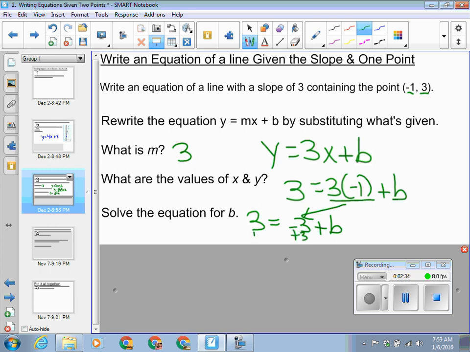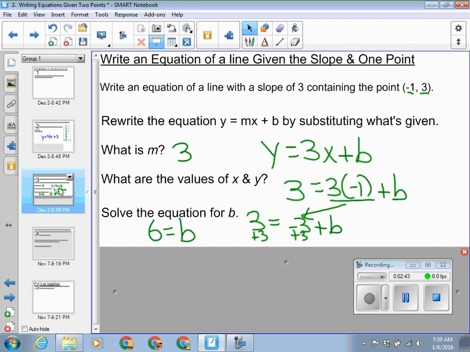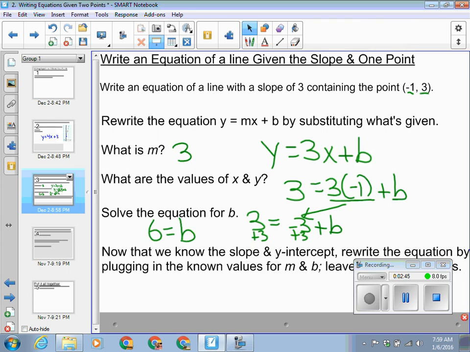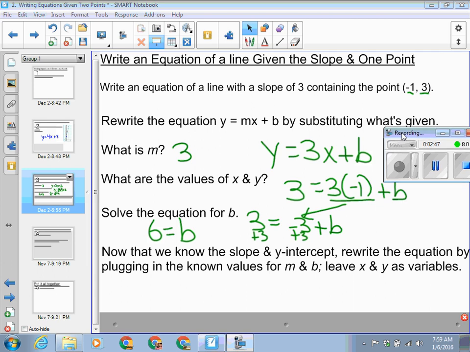One step equation, add 3 to both sides. So we know that this will become 6. So 6 is our y-intercept for this line. So now we know the values of the slope and the y-intercept.